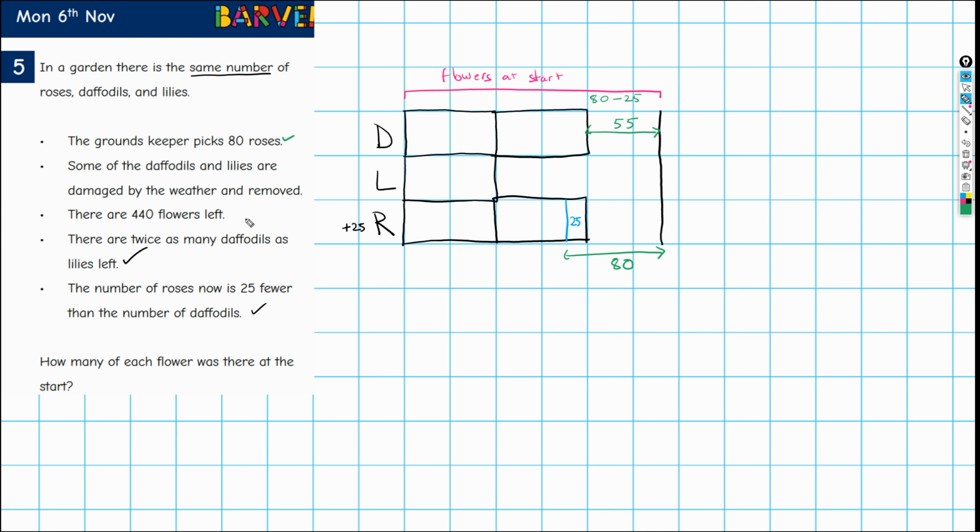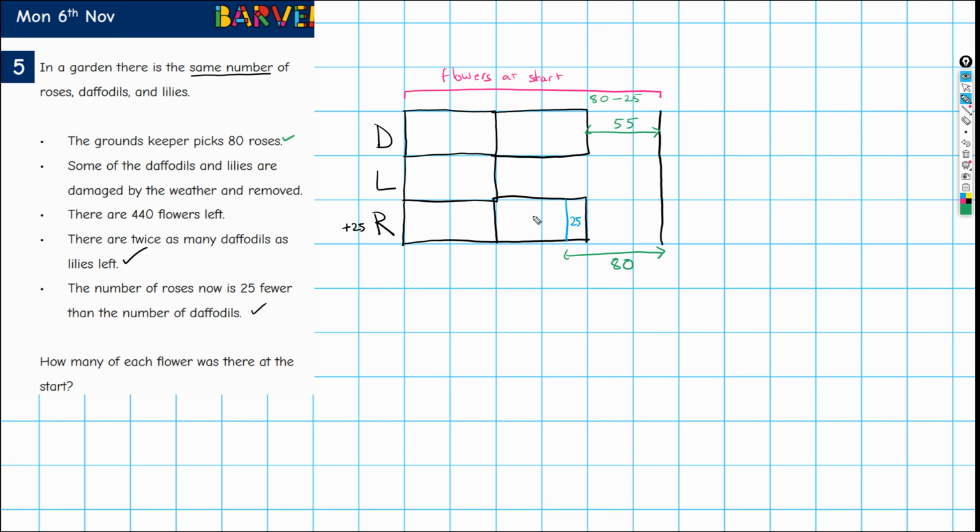Now, the other thing we're told is that there are 440 flowers left. So that means all of this model, excluding this bit, adds up to 440.